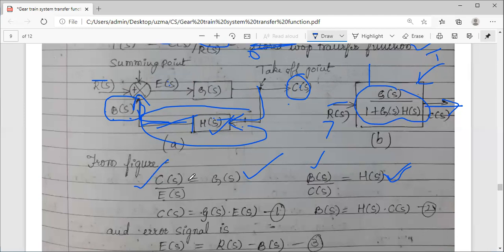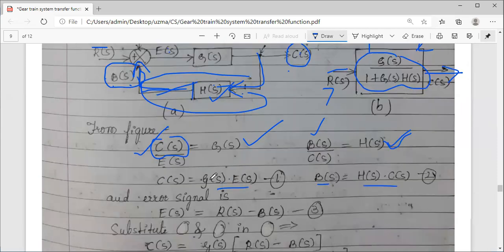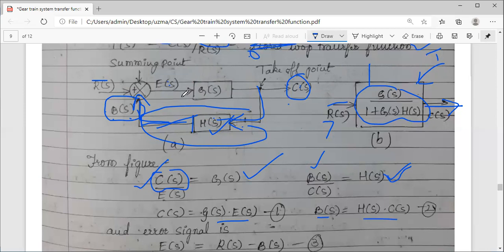From this, take the C of S. C of S is G into E. Similarly here, B is equal to H into C. I want these signals, that's why I have found them. Now from the figure, what is the error signal? Error is the subtraction of R and B, right?